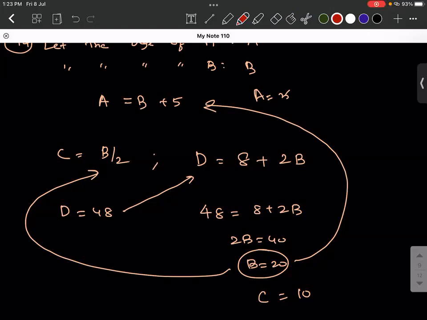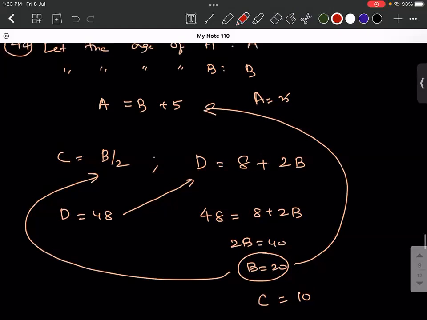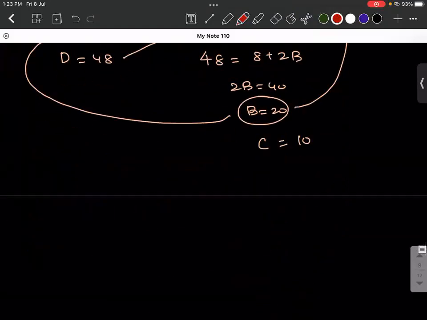Can we do the next one? Question 45. x plus 3 is equal to 0 is the equation of line.